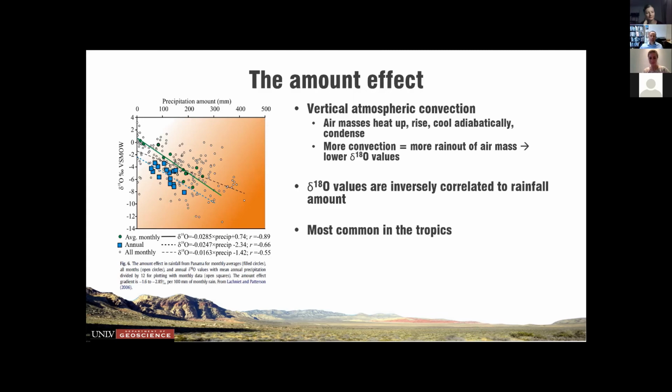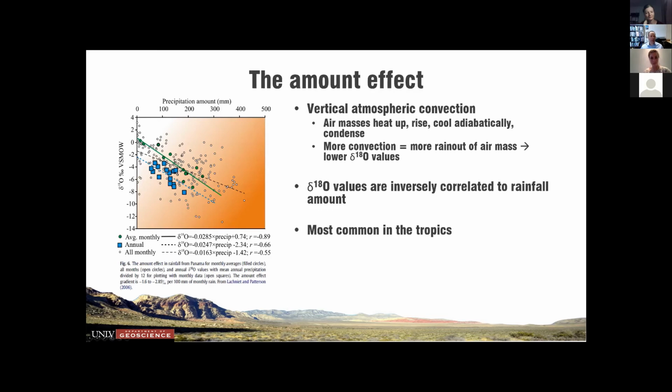And the more it rains, the more the 18O is removed from the air mass, preferentially due to the Rayleigh distillation, and therefore the lower the delta 18O values. So there should be an inverse correlation between rainfall amount and oxygen isotopic values in this simple sort of setting.